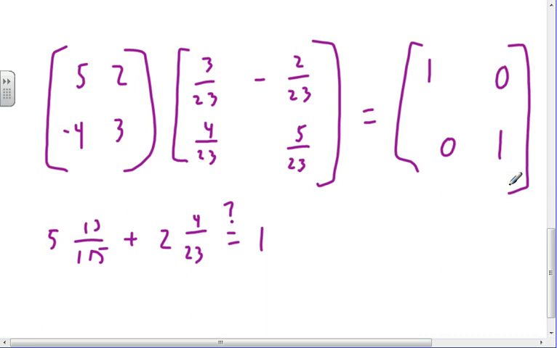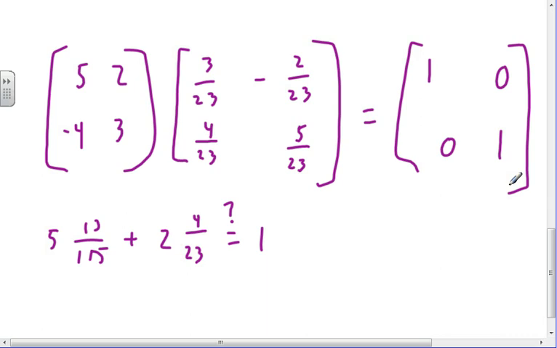Oh, yes, there it is. 3 over 23, 4 over 23, minus 2 over 23, and 5 over 23. Excellent. So the calculator does it, and on any test it'd be perfectly okay to just write down, if you thought your calculator had the answer, which I find hard to believe.